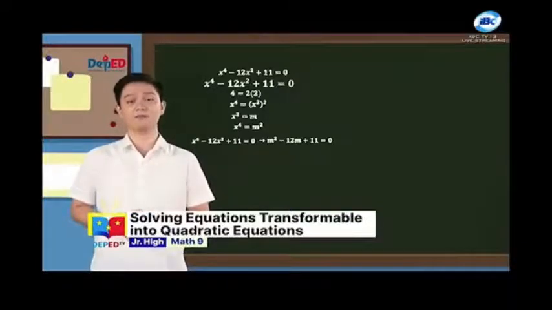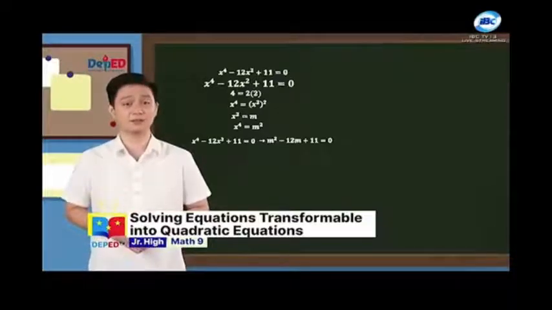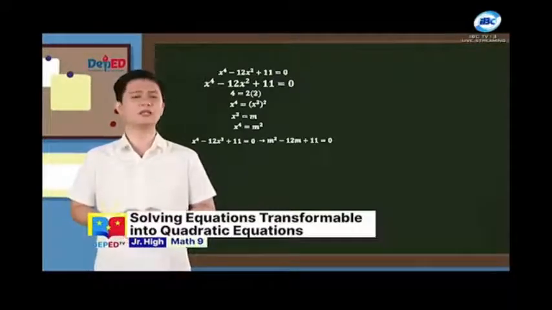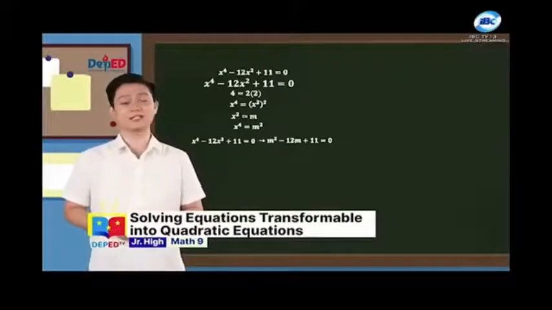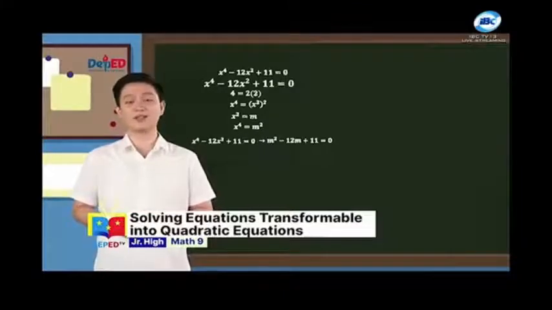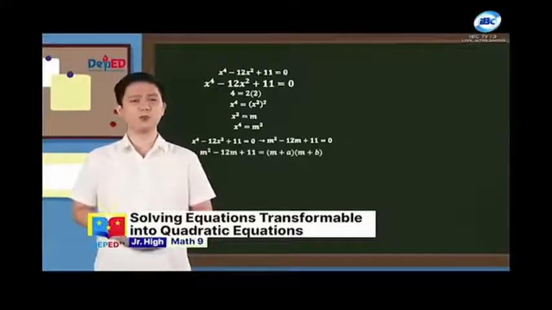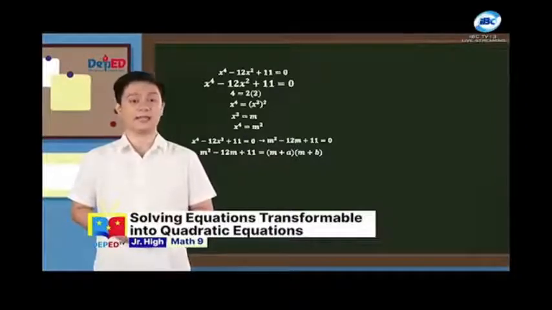Can we solve it now? Yes, we can. What method do you have in mind? I am thinking of solving it by factoring. Since the numerical coefficient of the quadratic term m squared is just 1, the trinomial has two binomial factors whose first terms are identical, both equal to m.